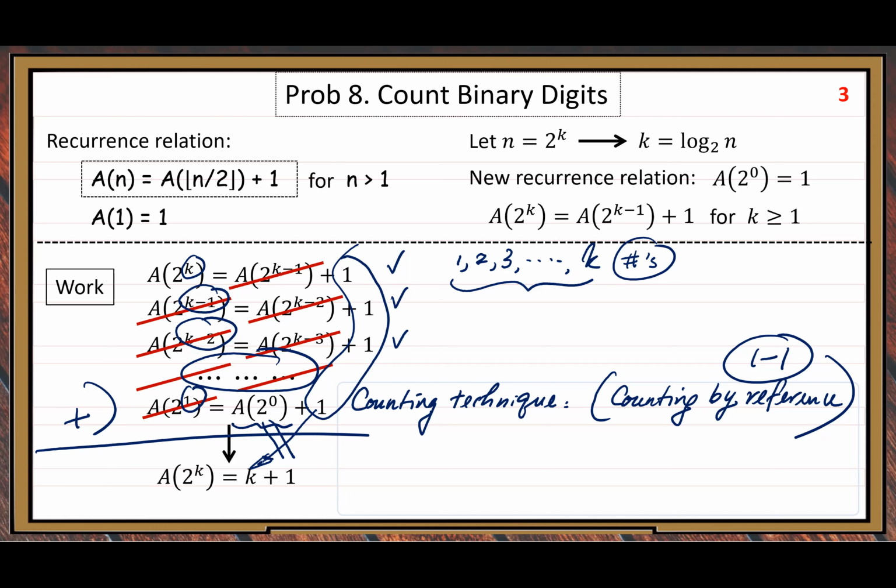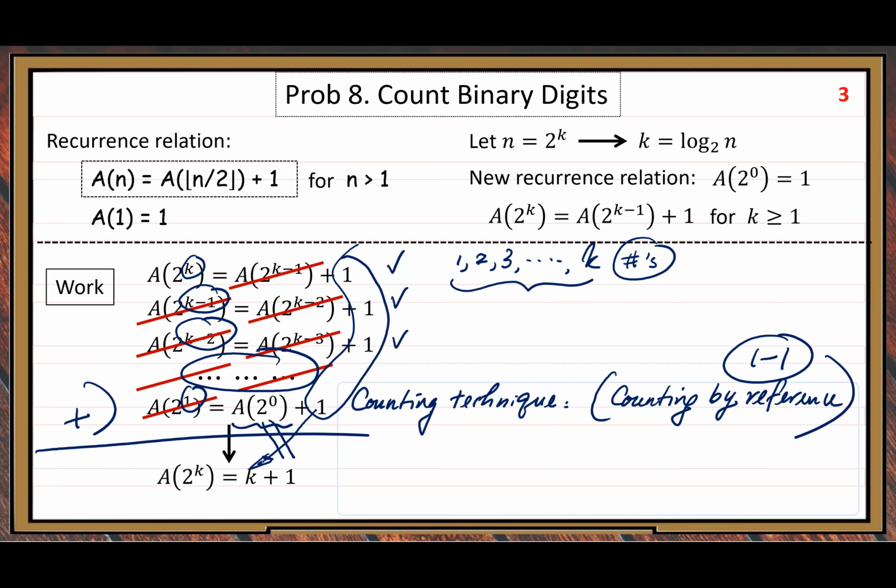Now, this formula is the answer, but still not exactly what we need, because it's in terms of k. We want an expression in terms of n, not k.